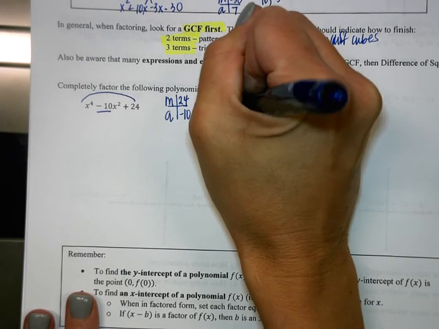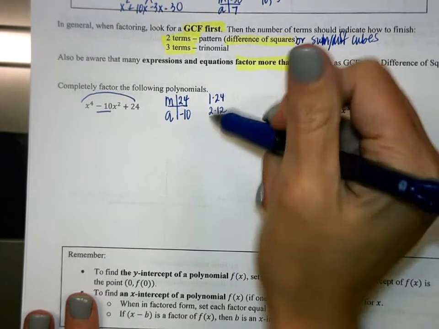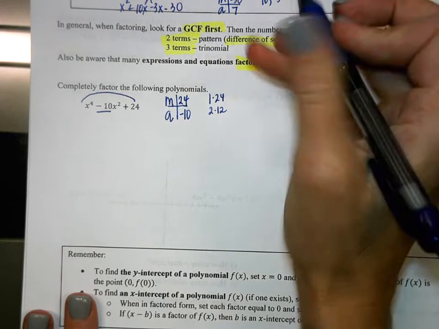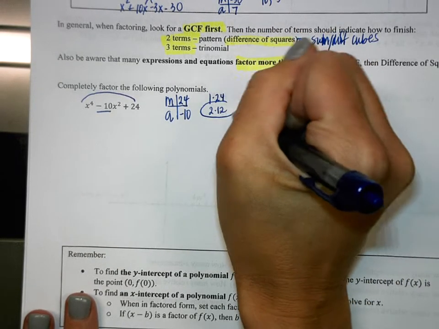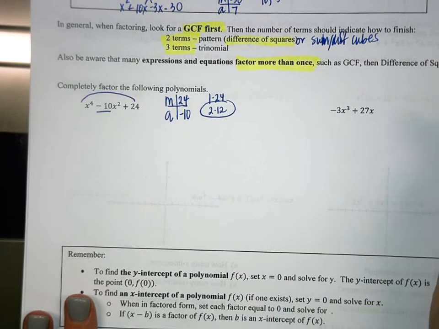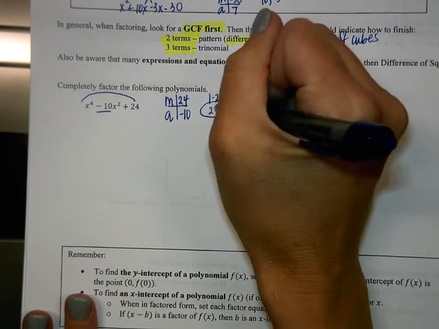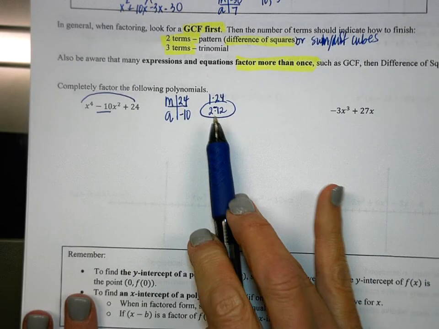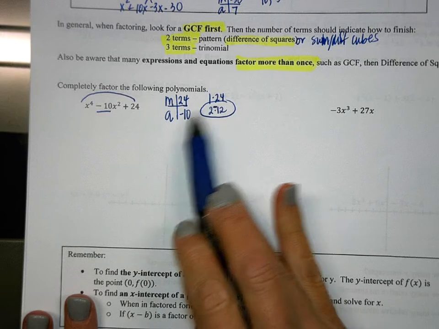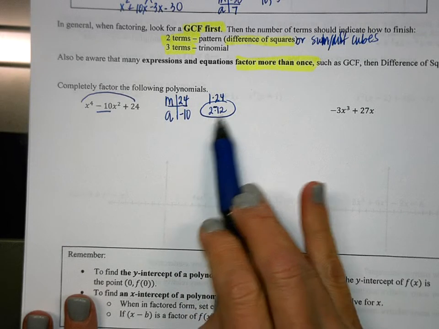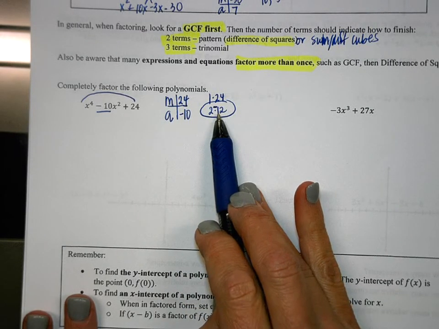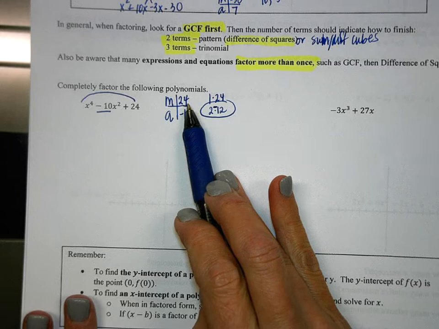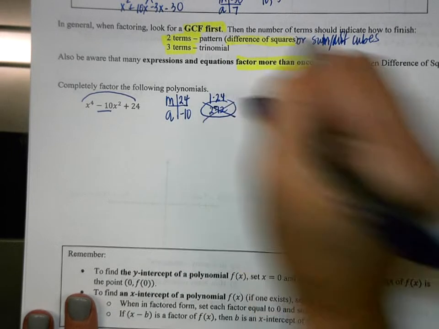We have 2 and 12. And I'm going to stop there for a minute because I'm like, okay, 2 and 12, that can make 10, right? And so if I take this one, in order to make a negative 10, what would I need to do? Negative 12. Okay, so 2 and negative 12 do add to make negative 10, but when I multiply those together, what do they make? Negative 24. And we need a positive 24. So this is not the right set of numbers.